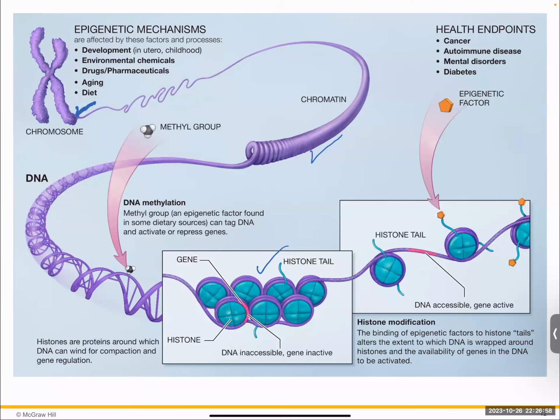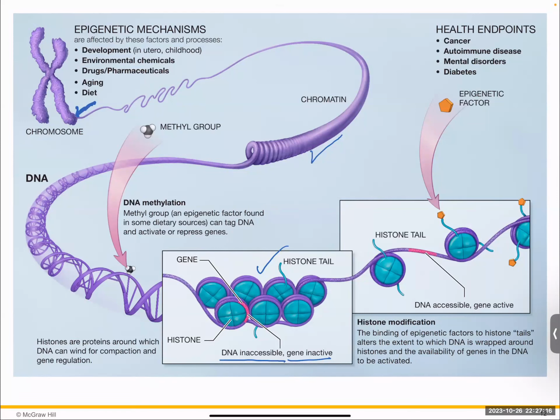So notice here on this side, we have a gene that needs to be expressed, right? But the DNA for that gene is not available, which means the gene is inactive. Therefore, it cannot be used for protein synthesis.